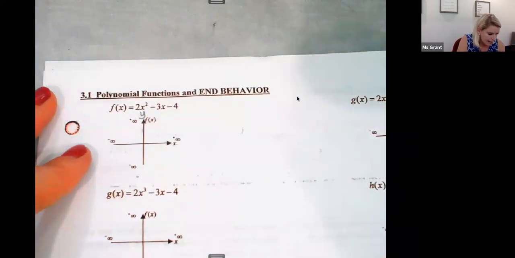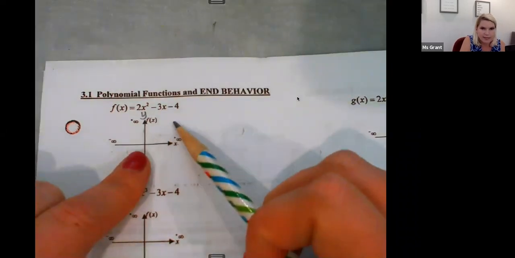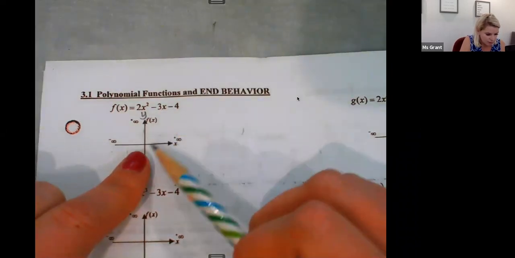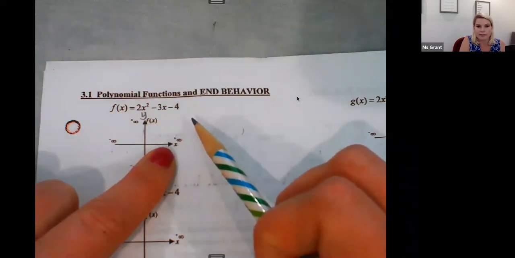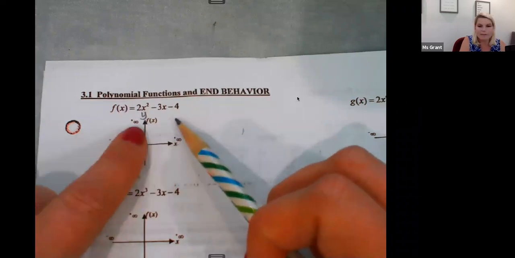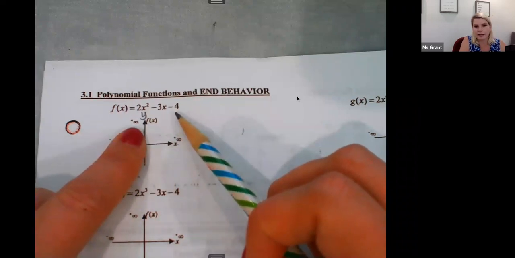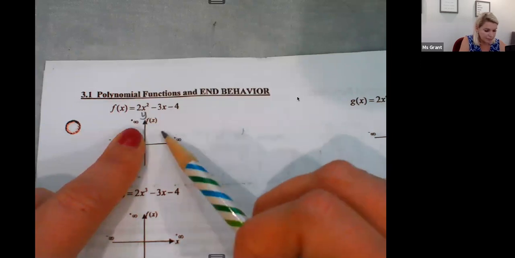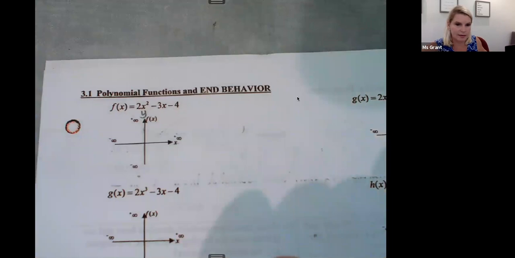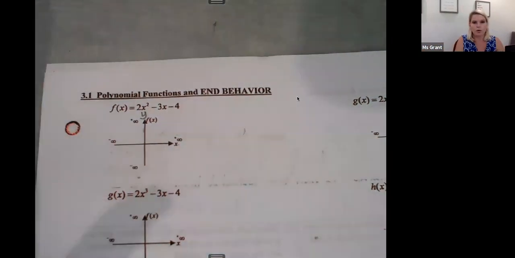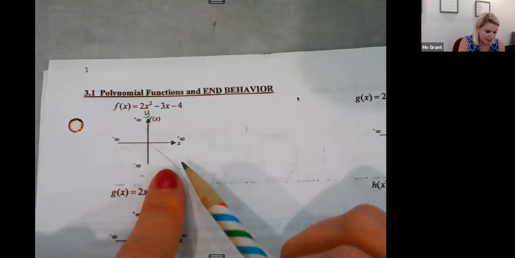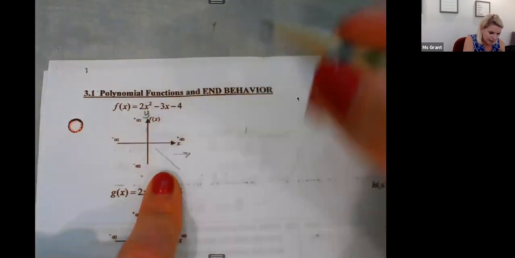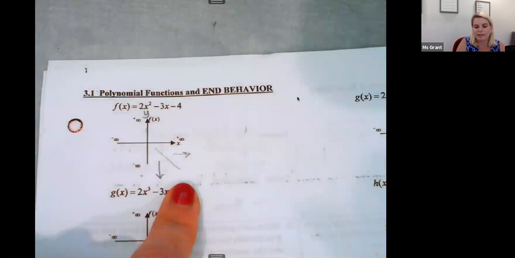If I have a line going in this direction, the x values are approaching positive infinity, and if I'm going upward, my y values are approaching positive infinity. It's going to the right and up. Right and up, they're both going towards positive. When something's over here and is going down, my x values are going towards positive infinity, but my y value is going towards negative infinity.